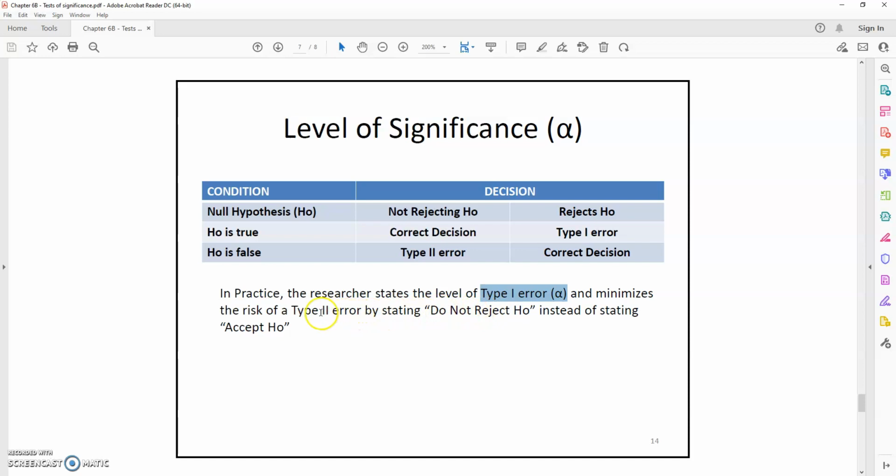In order to minimize the risk of a type 2 error, there's various calculations involved in doing this, but the best way is by stating this. Instead of stating that we accept the null hypothesis. Accepting the null hypothesis is basically the optometrist saying, your eyes are good, you passed the test. You've got perfect vision.